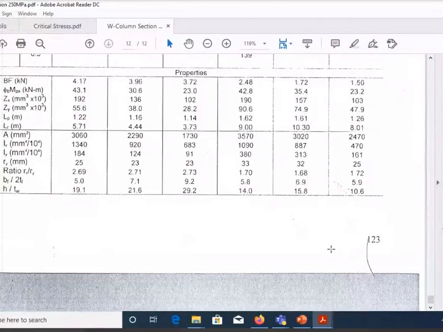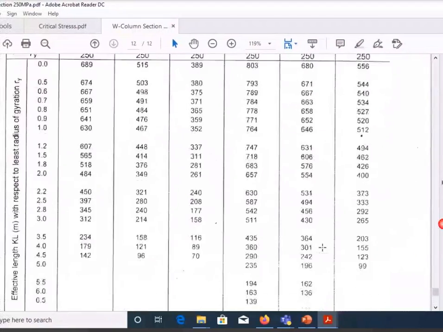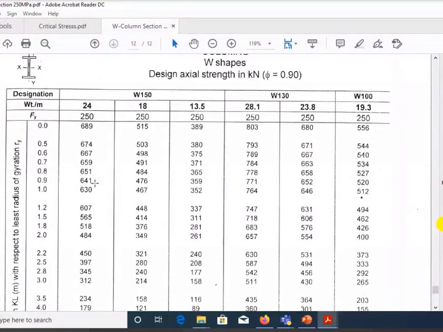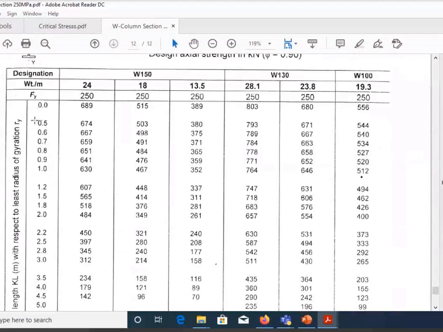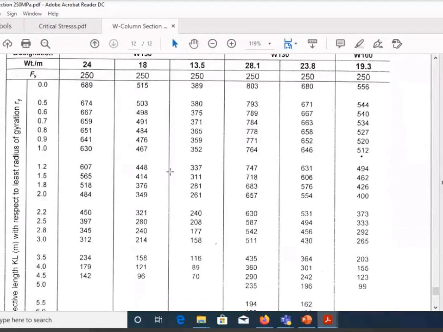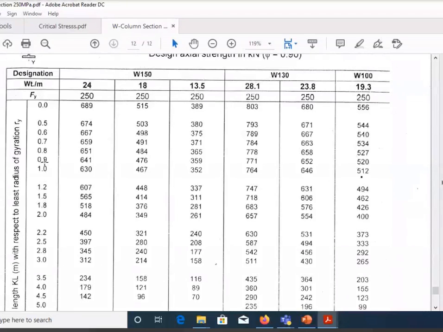You already know that these column selection tables only provide the capacity for different standard sections corresponding to various effective lengths about the y-axis. So here the capacity is only listed with reference to the different effective lengths about the y-axis. The capacity about the x-axis is not given because it may be larger.